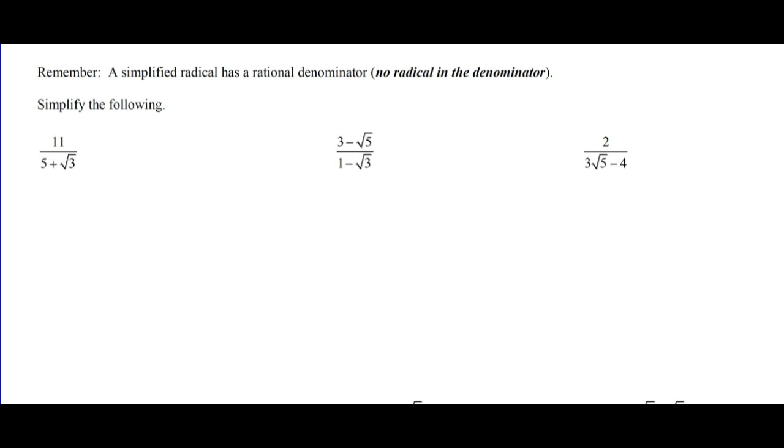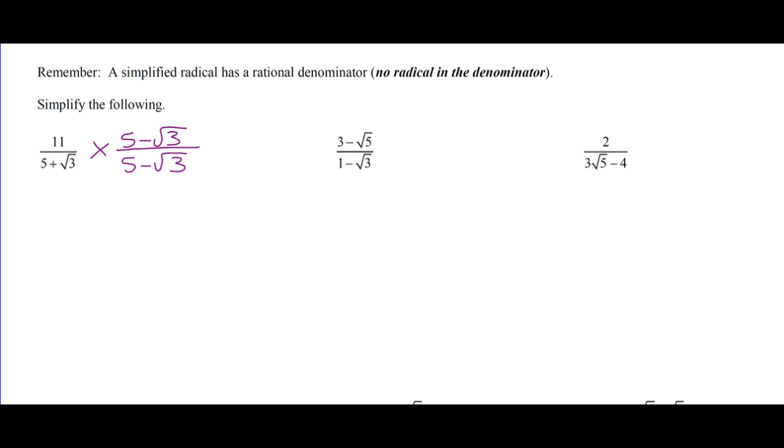Okay, remember, a simplified radical has a rational denominator, in other words, no radical in the denominator. All right, simplify the following. So what do we have to multiply by? 5 minus root 3. So you multiply by the conjugate. Don't get fancy. It's just the exact same two terms with opposite signs.